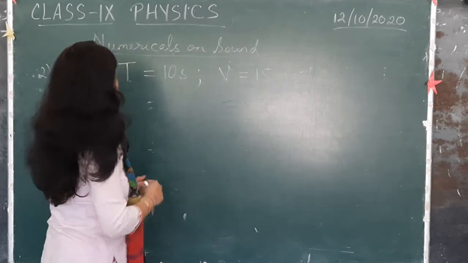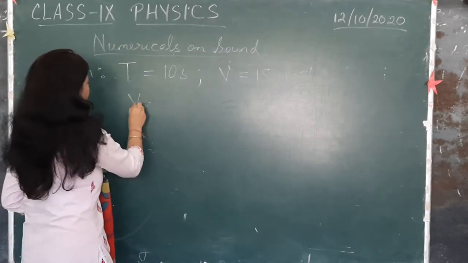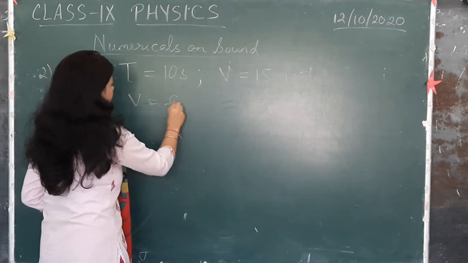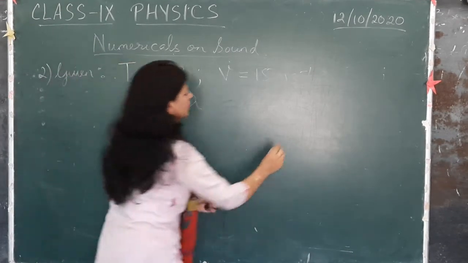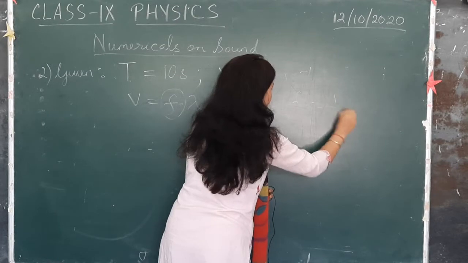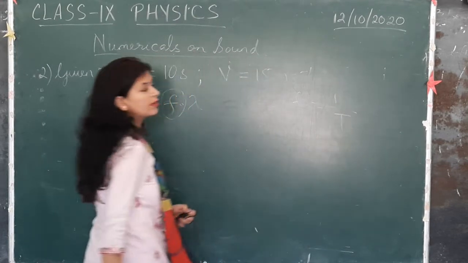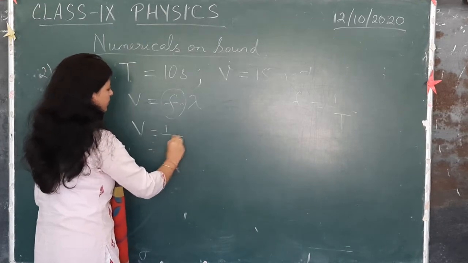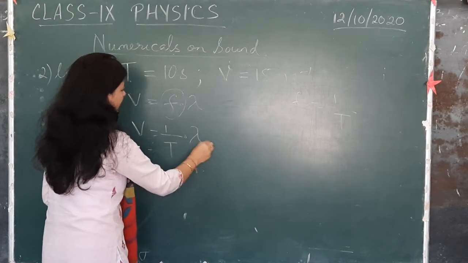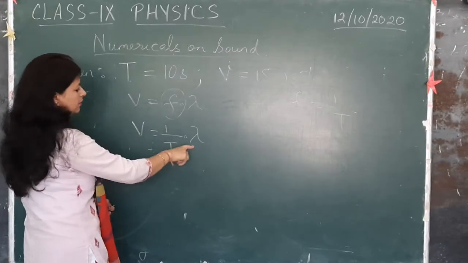Now to find out the wavelength, you will use the formula V is equal to F into lambda. Since frequency is not given, I can use one more formula for frequency, that is equal to 1 by capital T, because we know the value of T. So V is equal to, in place of F, 1 by T into lambda, and your task is to find out the value of lambda.